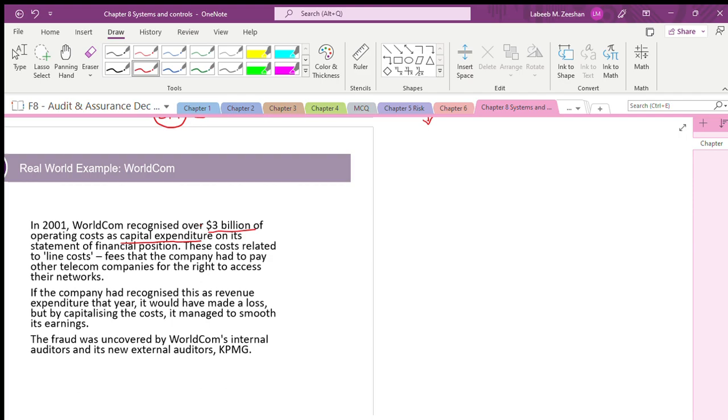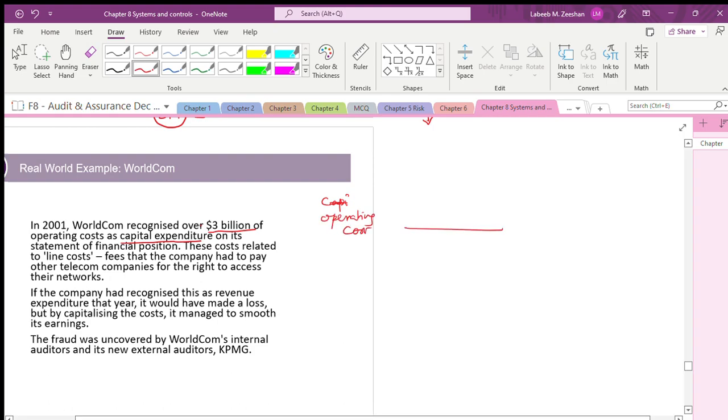Just imagine what will happen. What is the impact if you are treating the operating cost as a capital expenditure? What are the implications?